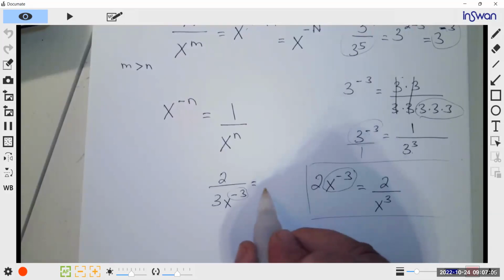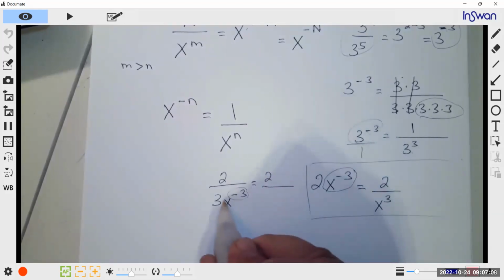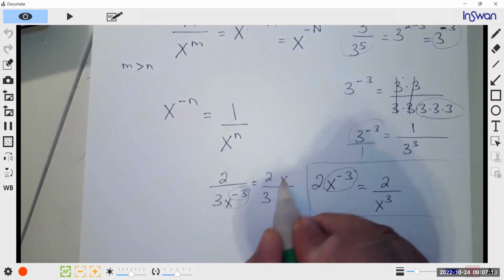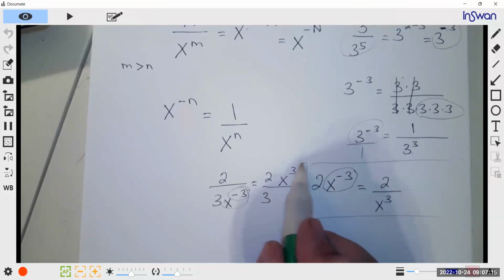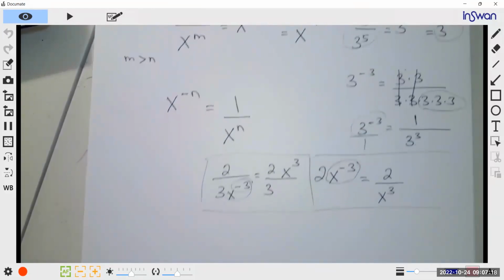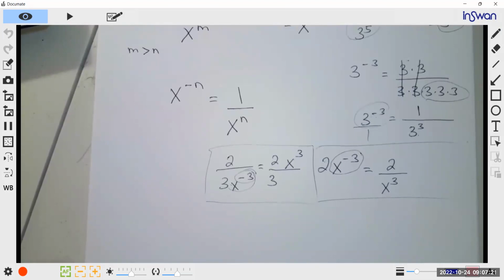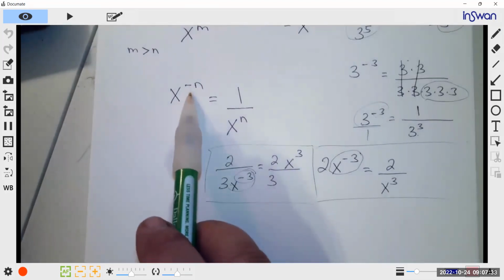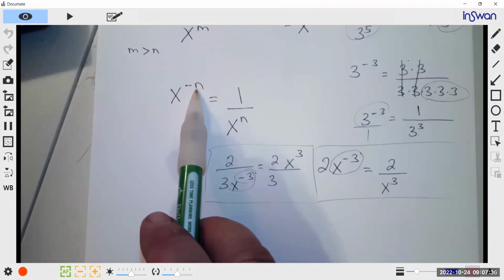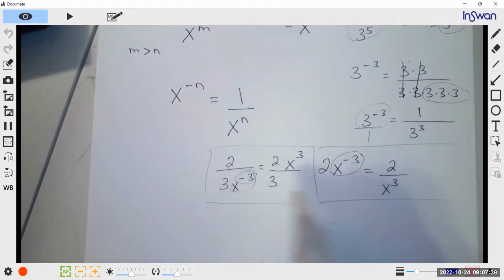Here's a negative exponent. I cannot have that. So the coefficients stay where they are. Since this one's on the bottom here, it goes on top, and it drops the negative. All right. So that's what that rule says: if you have a negative exponent, move it to the other side. And if it's on the bottom, move it to the top. If it's on the top, move it to the bottom and drop the negative.